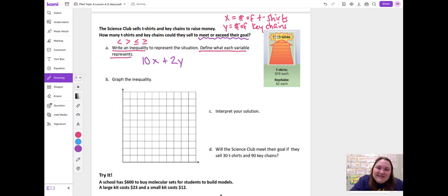That means they want $500 or more. So I want to use the greater than or equal to sign and say the money they're making needs to be greater than or equal to 500. That is the first part for this problem. After we have that, the next part is going to be graphing the inequality. In order to graph this inequality, what do I need to do?